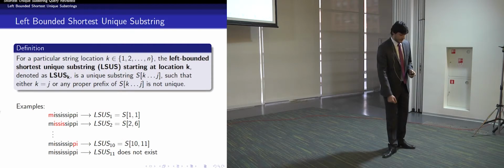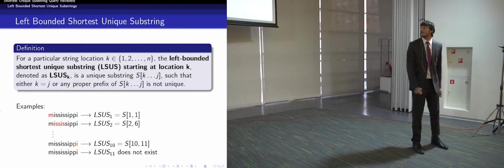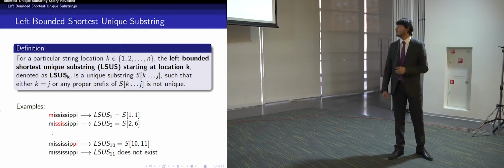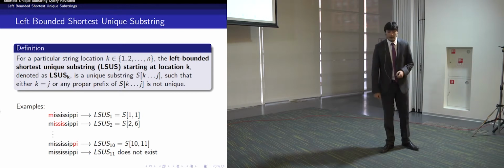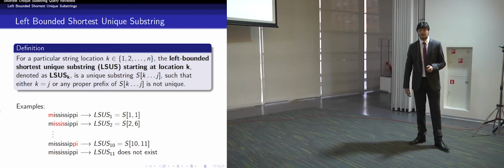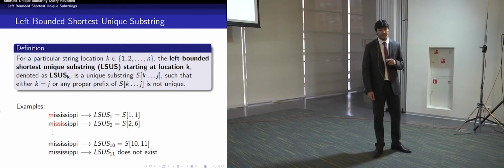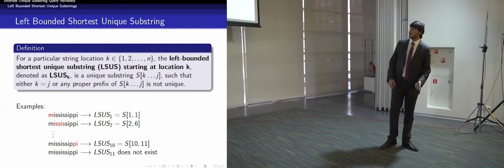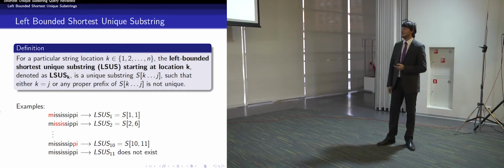What are left-bounded shortest unique substrings? These are defined for every position on the text. Given a position k, they are basically the shortest possible unique substrings beginning from that particular position. So here are some examples for the string Mississippi.